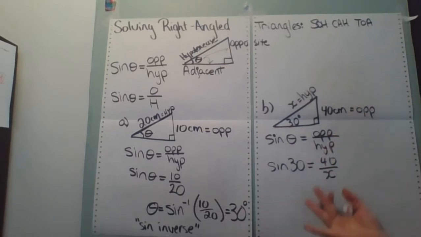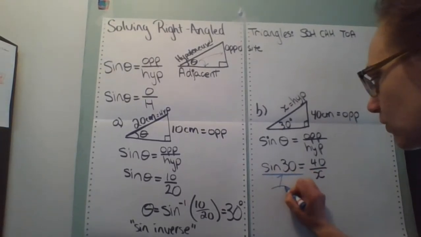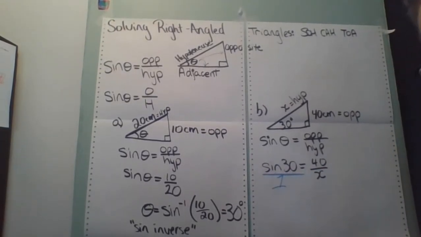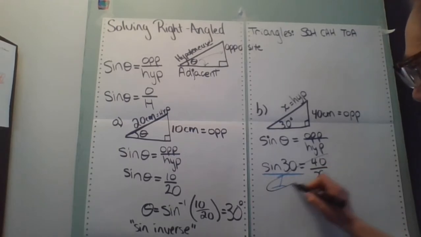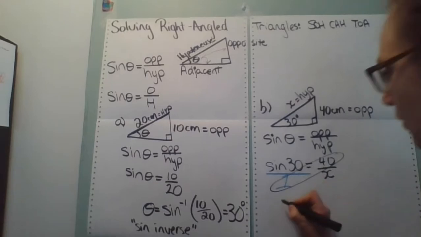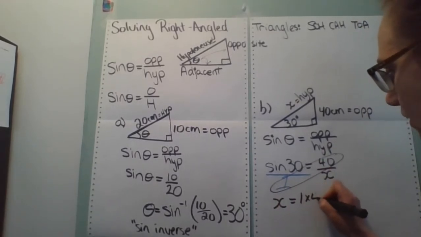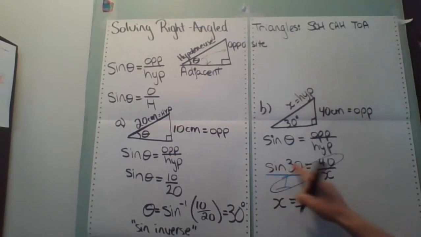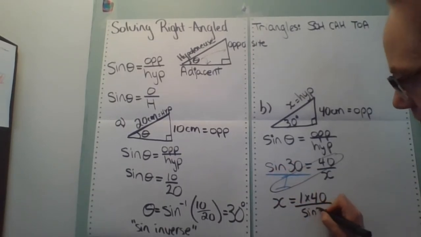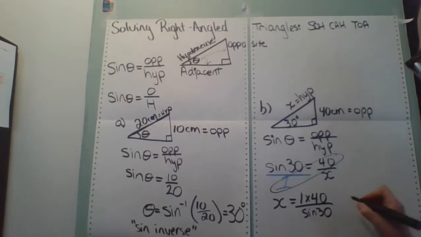So probably the easiest way to look at this and rearrange it properly is if I make this an over 1 fraction. I can cross multiply. And then I don't mix up my order here. So that means x is equal to 1 times 40 divided by sine 30. Because you've got to make sure you get it in the right order or it doesn't work.